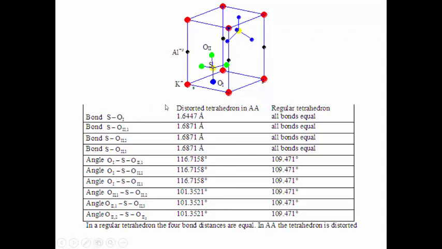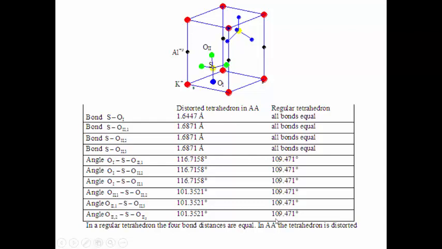The SiO1 bond is a little different from these 3. So we don't actually have a tetrahedron in anhydrous alum. You have sort of a squashed tetrahedron. Not squashed by very much, but it does allow you to crystallographically separate out this blue oxygen from the 3 greens. And the same with the angles.